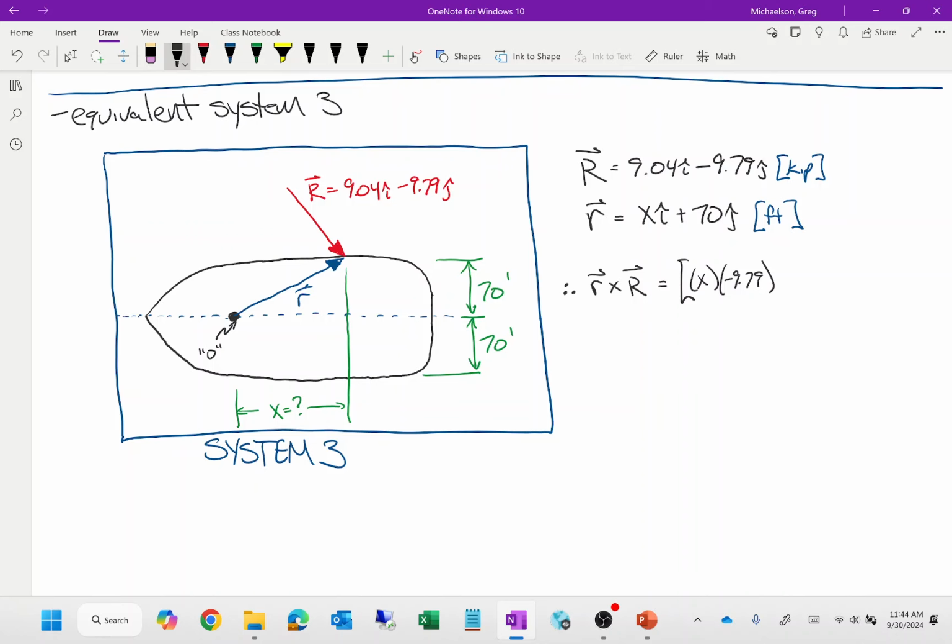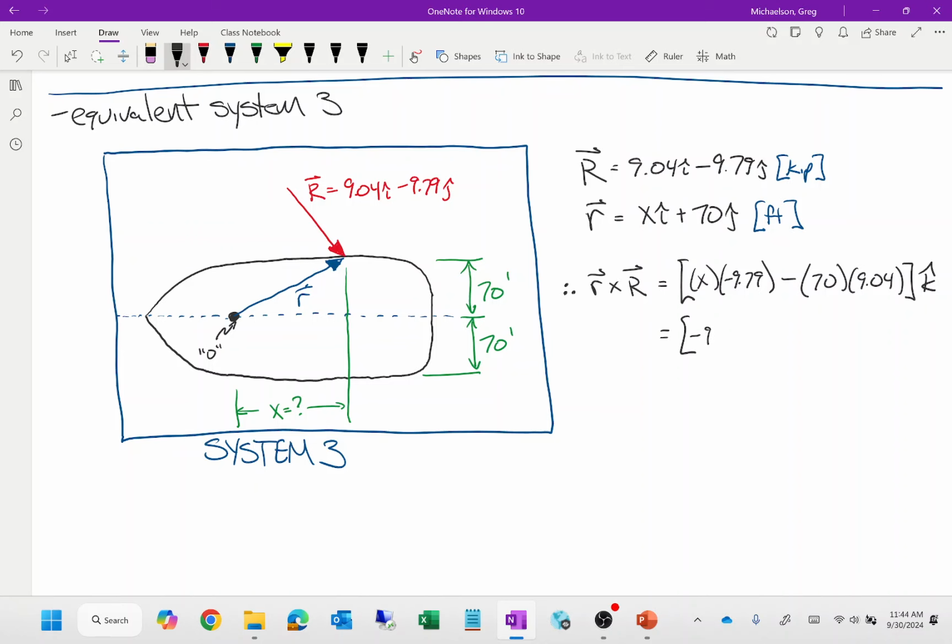So this is going to be Rx times Fy minus Ry times that. Right? That's the cross product. And if we evaluate this, what do we get?